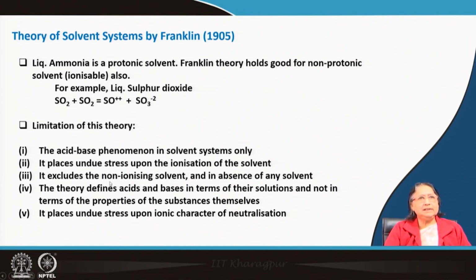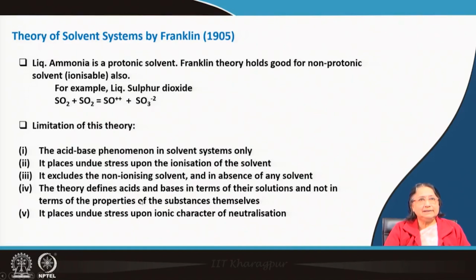So, it is placing undue stress upon the ionization of solvent, and it also excludes the non-ionizing solvent, and in the absence of any solvent, for example, in the gaseous phase, it could not explain the properties of acids and bases.